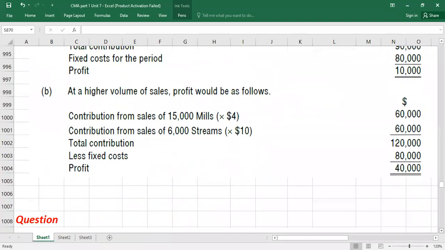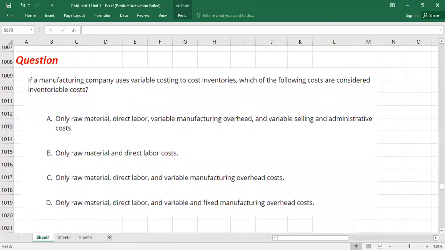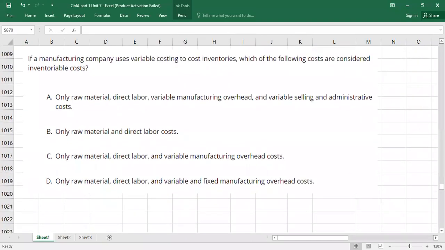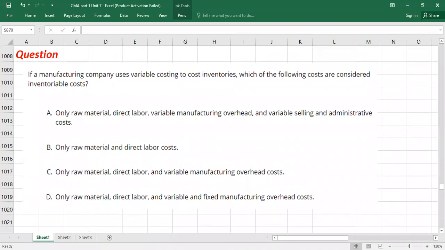So let me do the exam standard question with you now. So we are tackling an exam standard question. Guys, I would request you to first read this question, please.